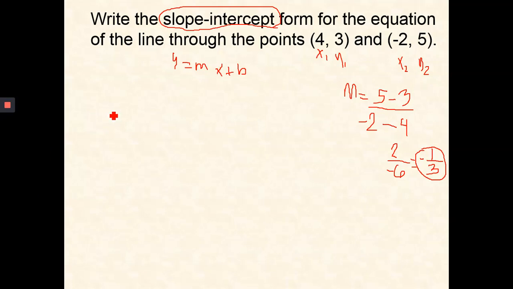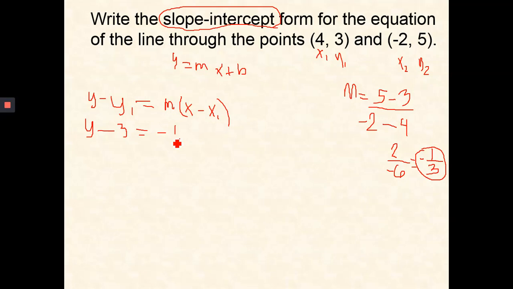Okay. Going back to y minus y sub 1 is equal to m multiplied by the quantity x minus x sub 1. Okay? So we have here y minus, what is your y sub 1? 3 equals, what is your m?